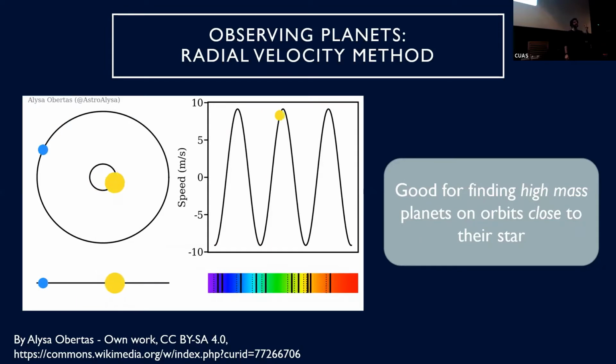And much in the same way that we use the dips in the brightness for the transiting planet, we can use the period by which this moves and the speed at which this moves to categorize how big and how close that planet is to the star. In fact, this method is extremely good at finding massive planets that are close to their parent stars as well. Also very good, for example, at finding hot Jupiters. Turns out hot Jupiters are really easy to find.